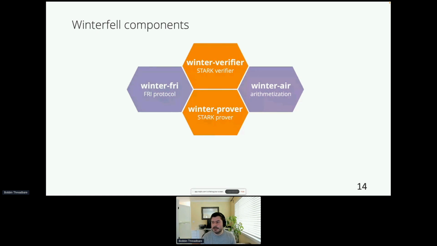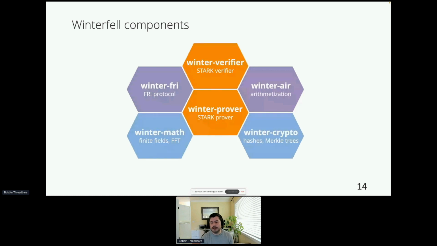There is the arithmetization crate that is basically independent from the rest, which allows you to describe AIR for computations. And then, a bit more foundationally, there are crates that help us use cryptography or algebraic operations needed to support Stark protocols, such as math and finite fields or FFTs and things like that.